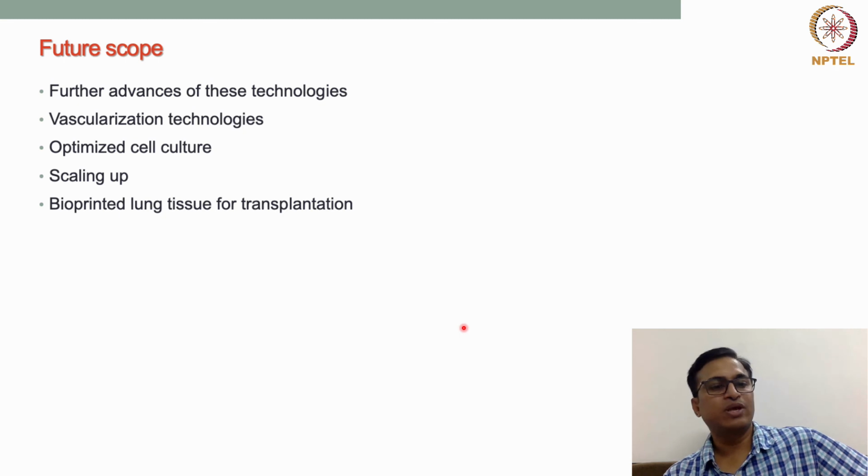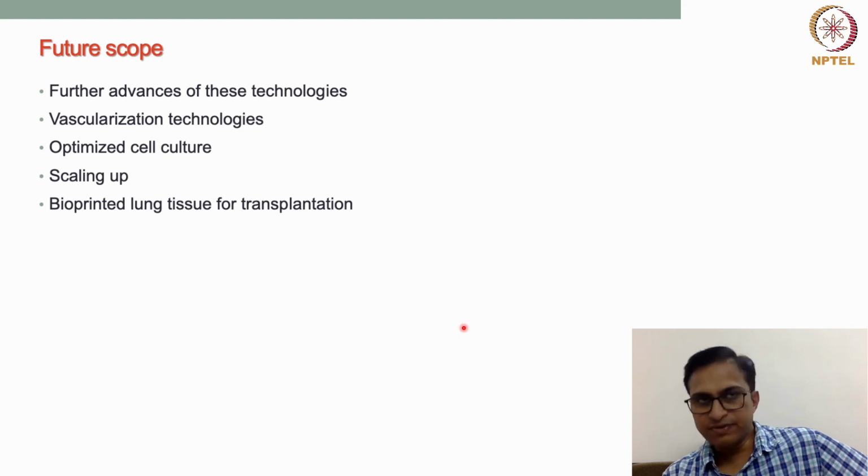But if we can integrate all of these and scale them up, then probably we can print whole tissue structures. So the ultimate goal of all this is to develop a bioprinted lung tissue for transplantation.